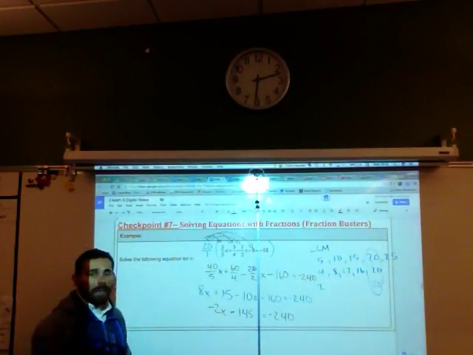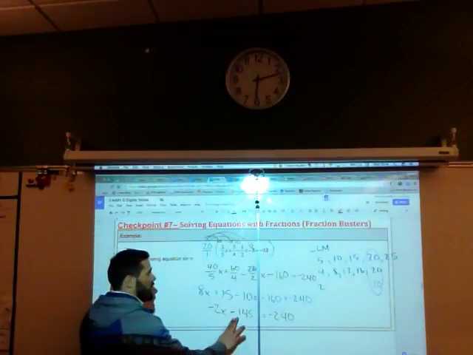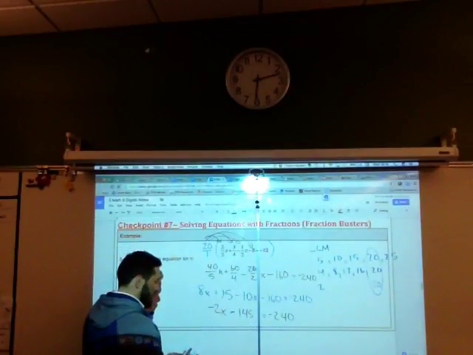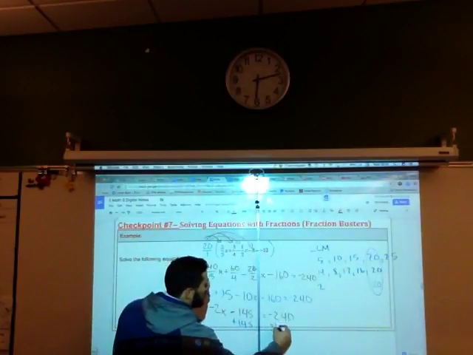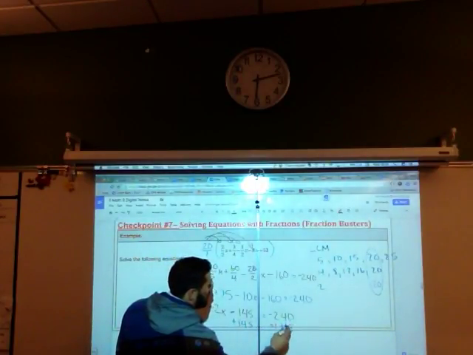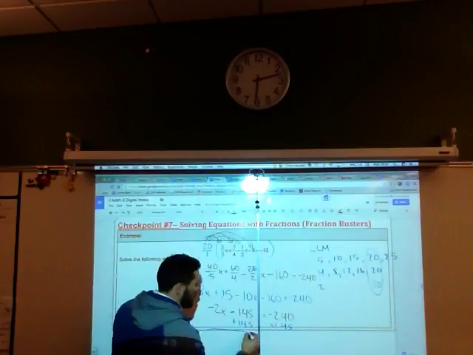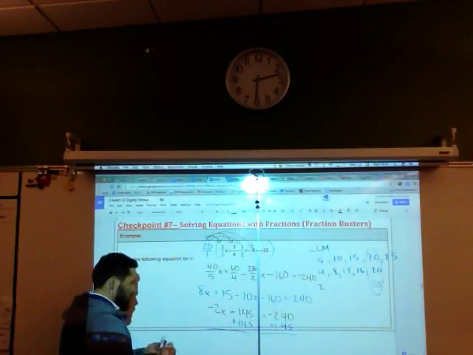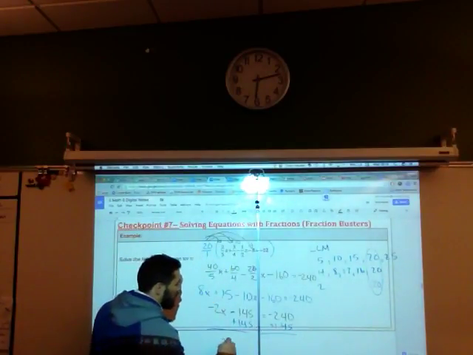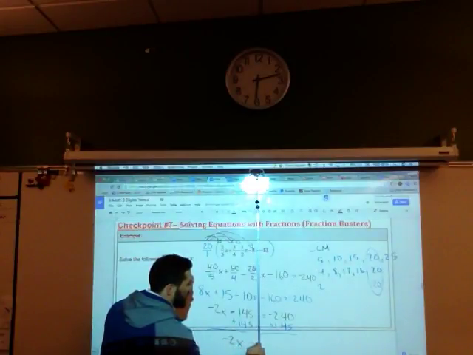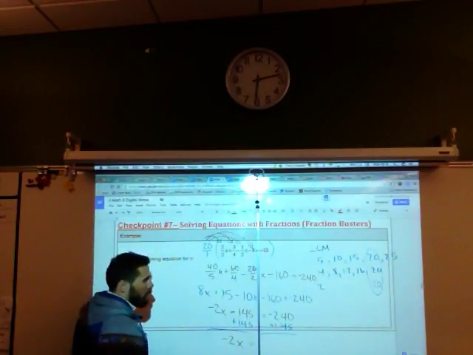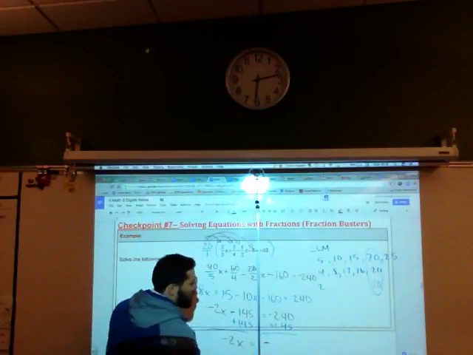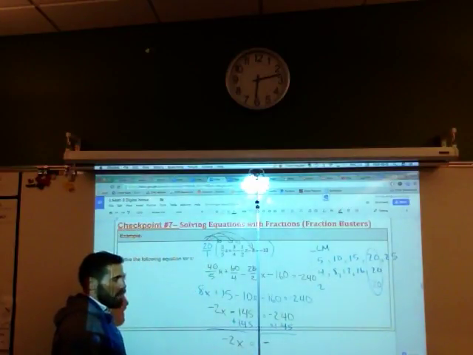See how I'm getting closer to getting x by itself? The only thing I need to do now is get rid of subtraction here. Inverse would be addition. That gets me to negative 2x is equal to negative 95.